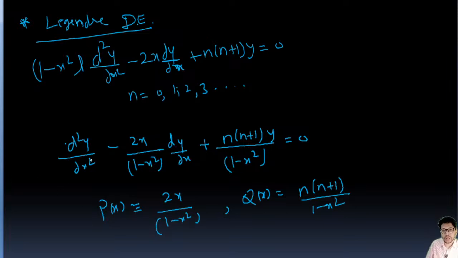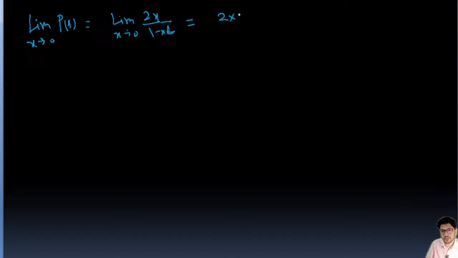Now from here we can find this limit. Limit x tends to 0 of p(x) is limit x tends to 0 of 2x upon 1 minus x squared, and this value is 2 into 0 upon 1 minus 0, that is 0.